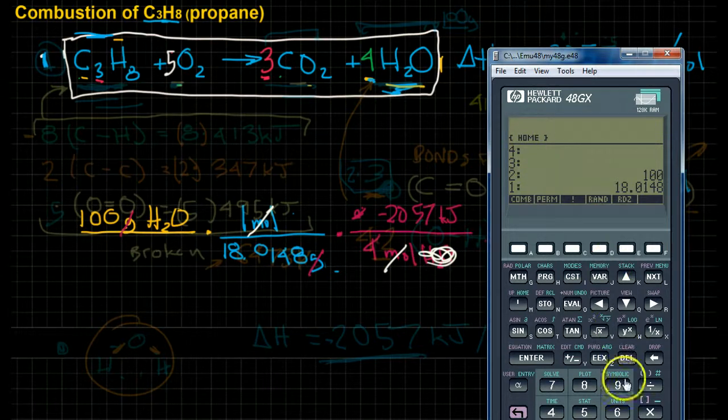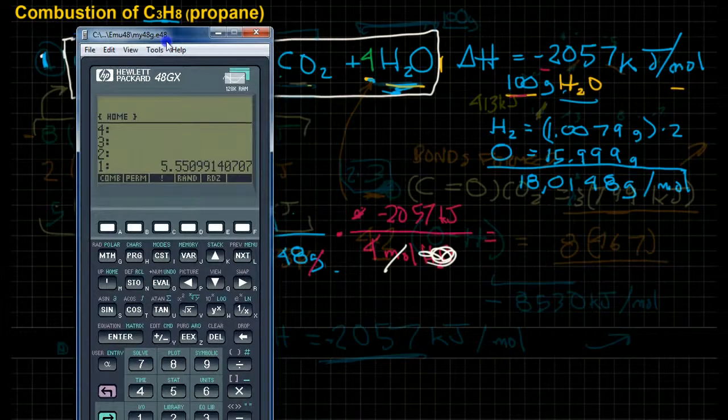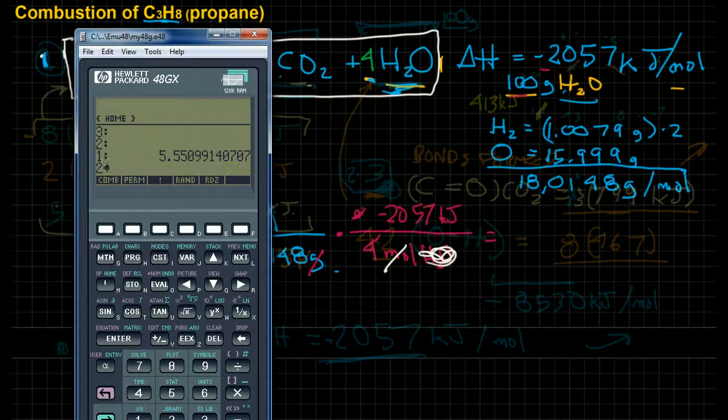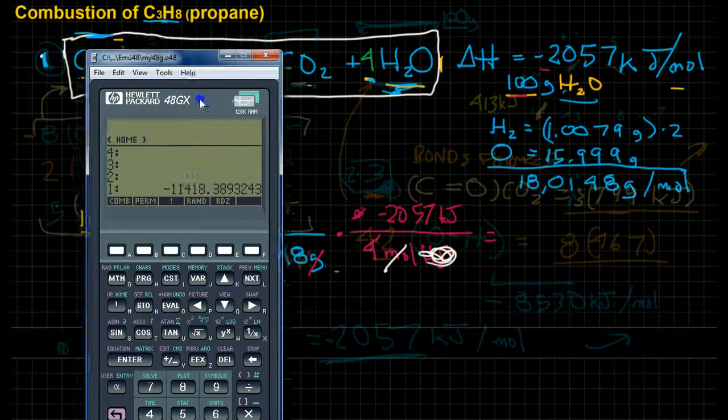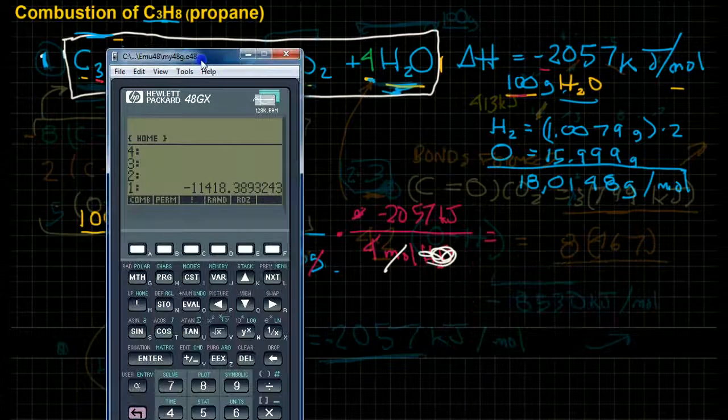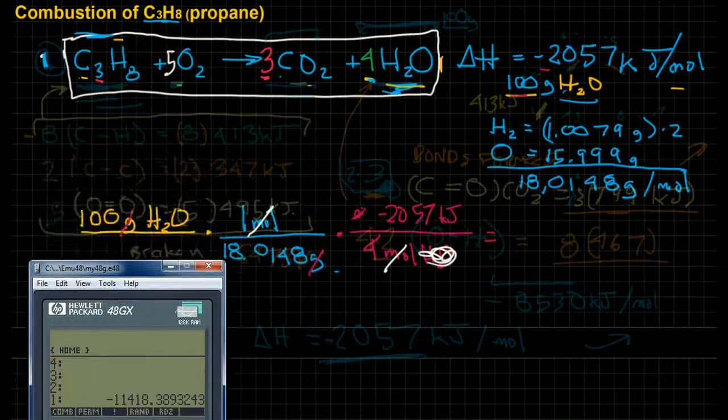Okay, so I'm going to divide that. That's this first part. And now I'm going to multiply that by 2057. That's a little bit shocking to me. I think that's only shocking because 100 grams, you don't think of 100 grams as very much, but look at the reaction.